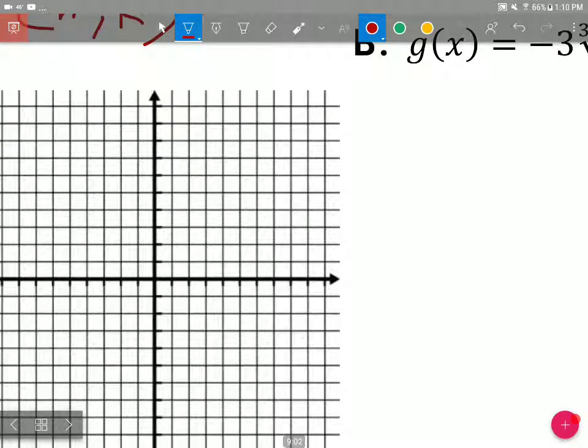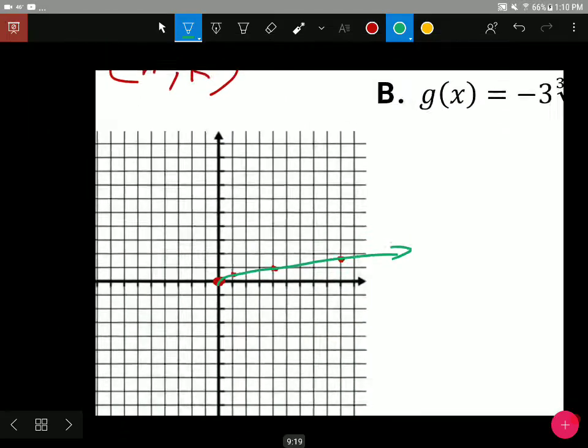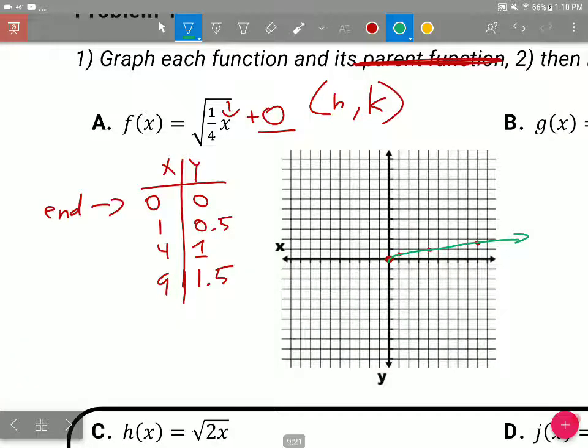Great. 0, 0, 4, 1, and 9, 1.5. And there's your graph. Cool? And that's your graph. Easy peasy, chicken greasy. Cool?